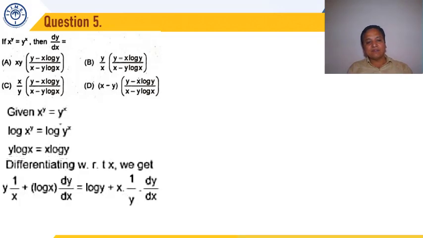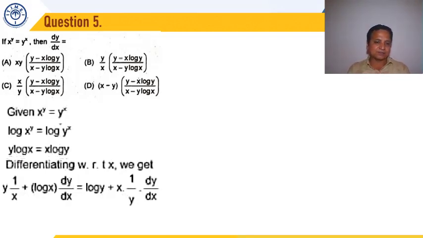On the right hand side we have log y into differentiation of x, which is 1, plus x into differentiation of log y. Log y differentiation is 1 upon y into dy by dx. Log x differentiation is 1 upon x. Similarly, log y differentiation is 1 upon y, but since this is y, not x, we have to again multiply with differentiation of y, that is dy by dx.